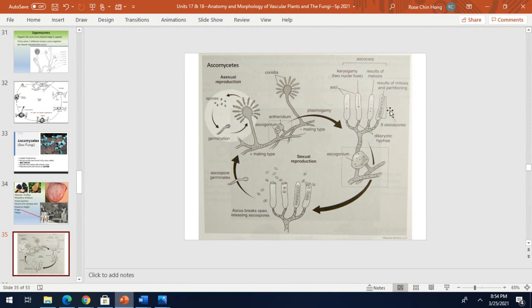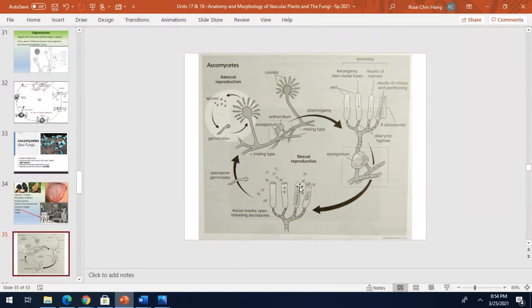After these spores are mature, each ascus will break open, and there are 8 ascospores that result from this meiosis.